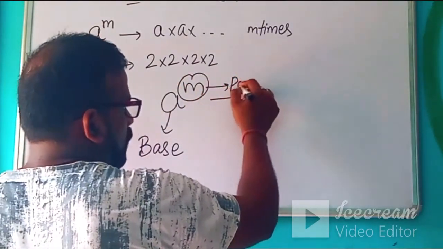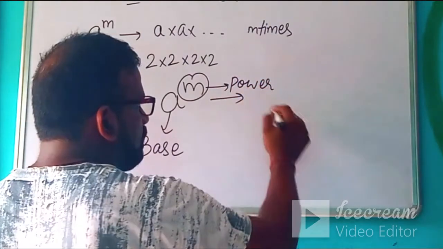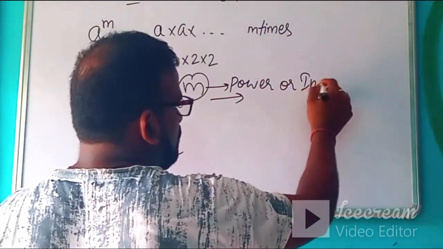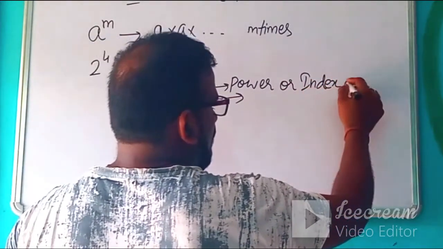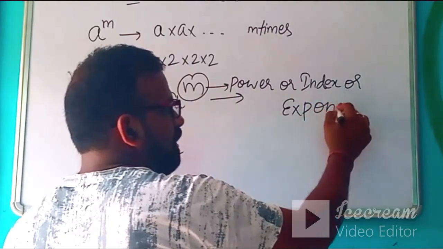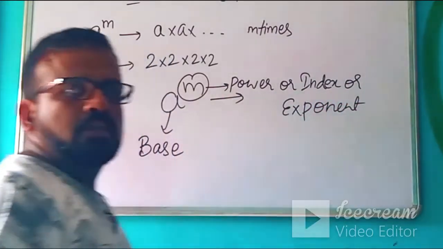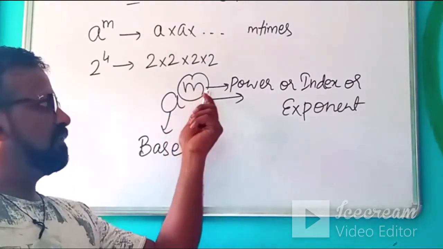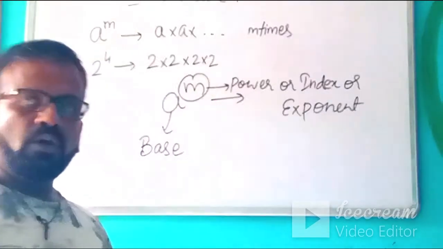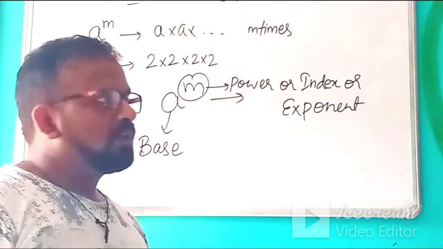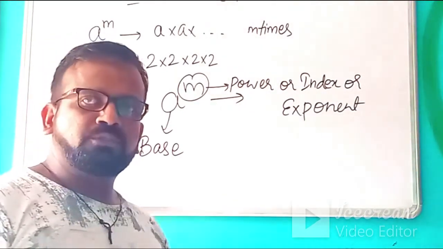We sometimes call it power, or sometimes we call it index, or sometimes we also call it exponent. So in this a to the power m, a is known as the base, m is known as power or index, or sometimes exponent also. This is the terminology that you need to understand.